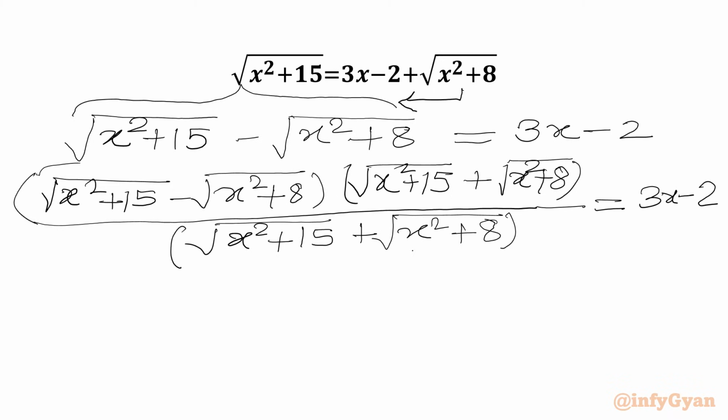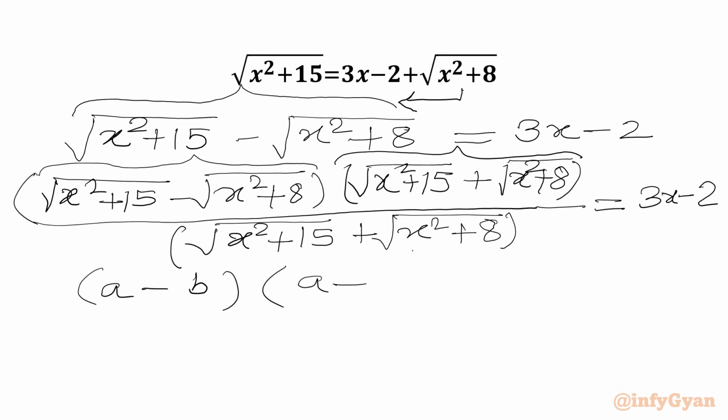Now we have a minus b times a plus b in the numerator. So we can utilize the difference of two squares identity, which is a minus b times a plus b equal to a square minus b square.